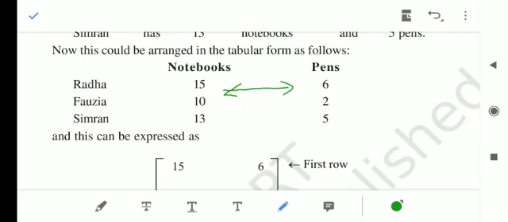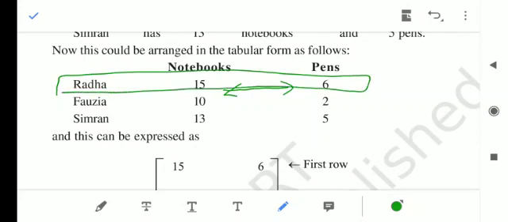But if the whole row of Radha is taken to position number 2 and the whole row of Fauzia is taken to position number 1, then it does not make any difference. Instead of Radha, we take Fauzia to the top, Radha to the second and Simran to the third. The situation will remain the same and it will carry the same meaning.